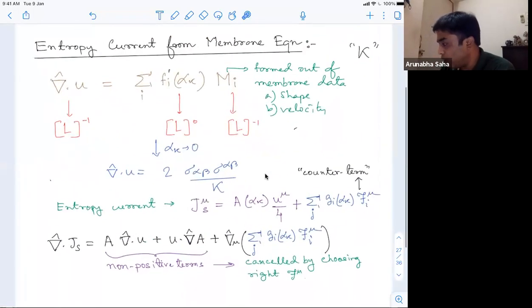So now, going back, suppose you follow the procedure and you figure out what are the possible terms that could have appeared in the ordinary differential equations. And from that, you figure out what are the possible scalar objects which could be sitting here at leading order in the membrane equation.